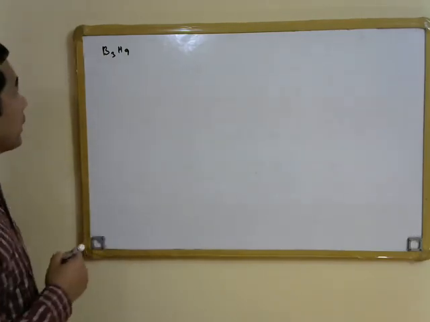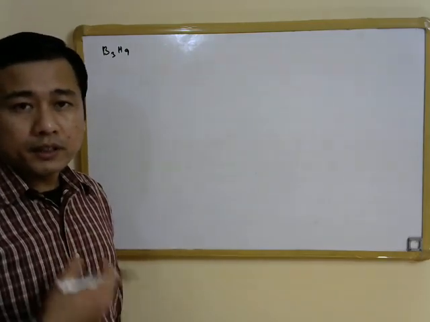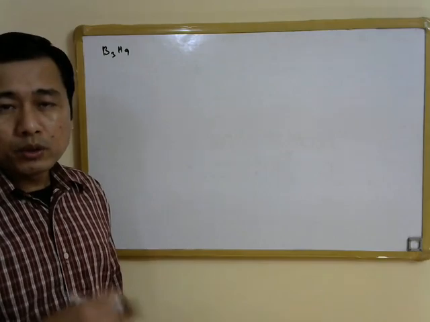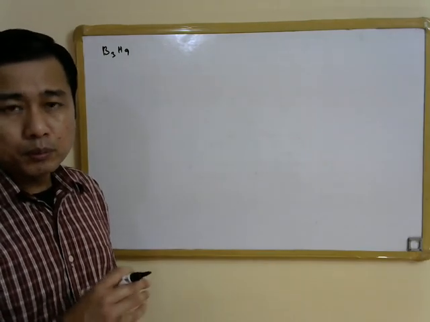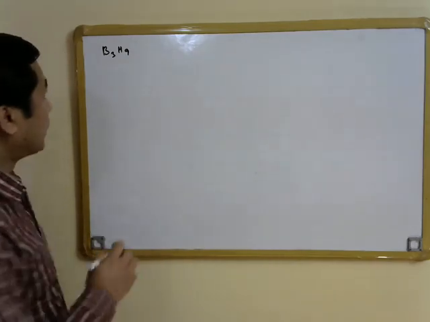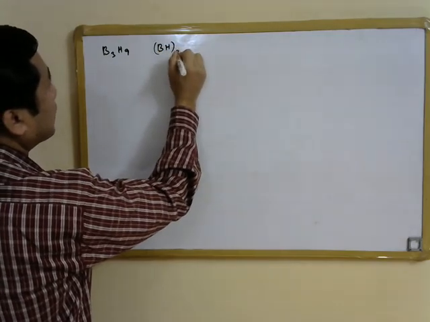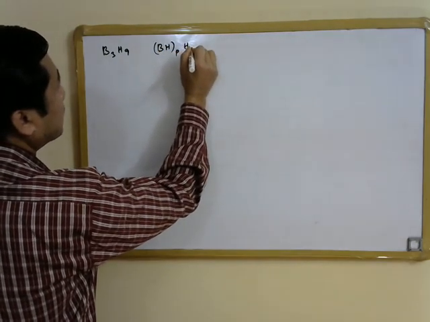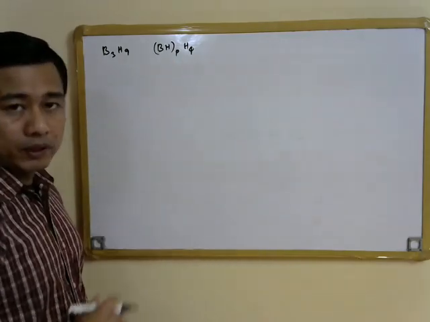So let us begin. We know that when trying to find out the Styx code of a boron molecule, the first step is to write the formula of the boron molecule in BHpHq format.